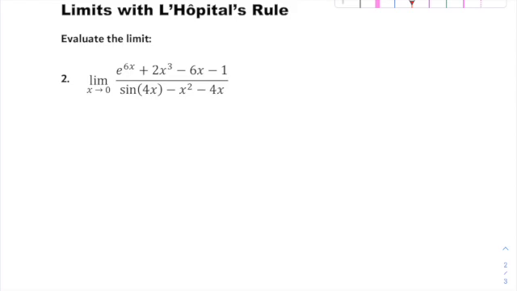You don't want to lose points, and they make a big deal out of this, by the way. L'Hopital's rule was added to the AB curriculum, I don't know, 7 or 8 years ago. Since then, the graders have said that students often mishandle it, or they lose points for doing things like this, saying this limit equals 0 over 0.